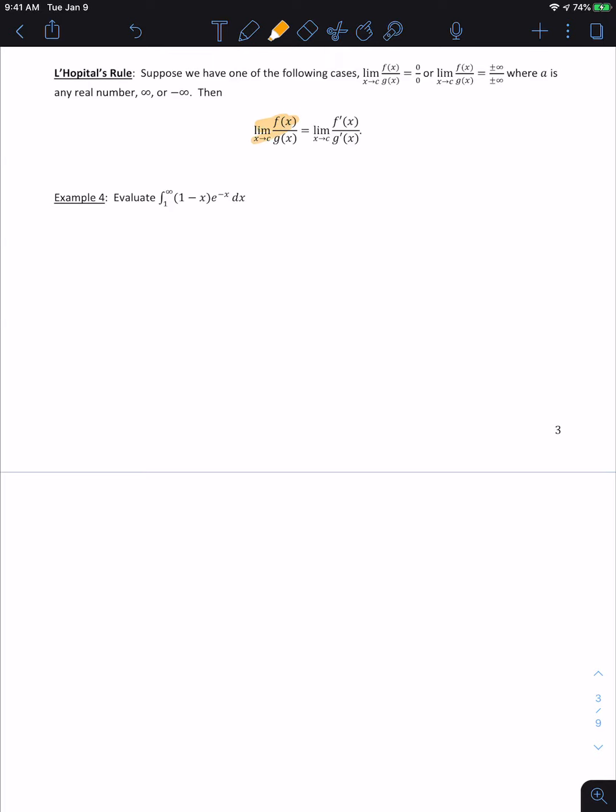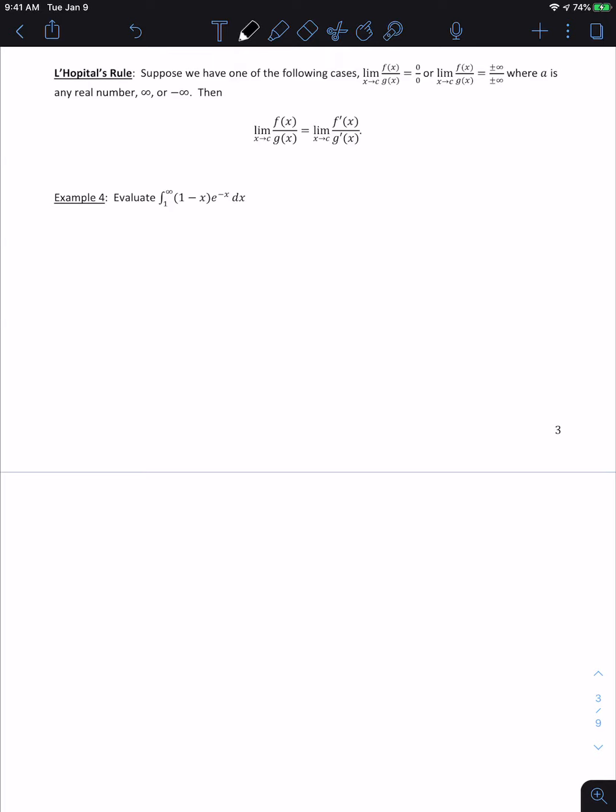So in other words, if I want to find the limit of the regular functions, and I end up getting 0 over 0 or infinity over infinity, then the limit of the derivatives of those functions is how I can find the original limit. And that makes it a little bit easier. So hopefully you guys remember that from L'Hopital or from Calc 1.